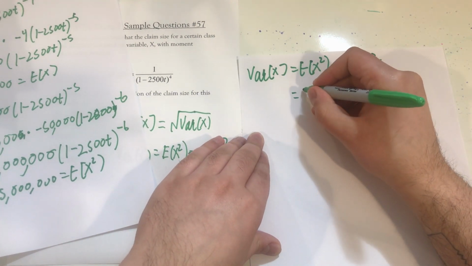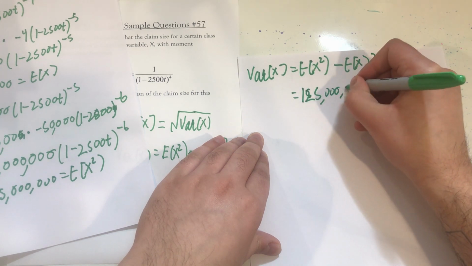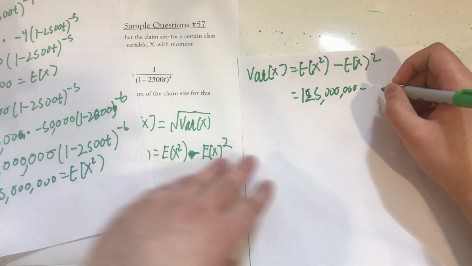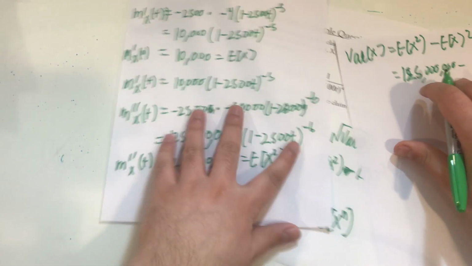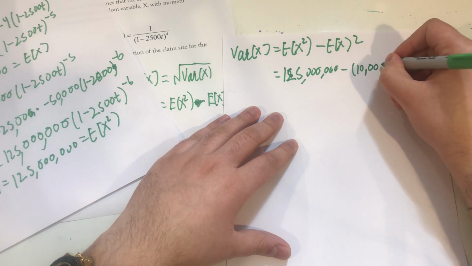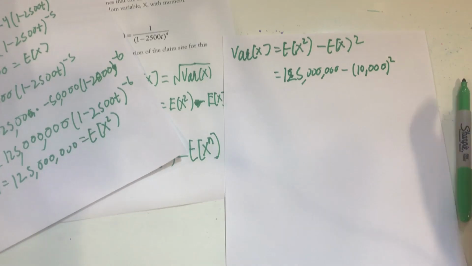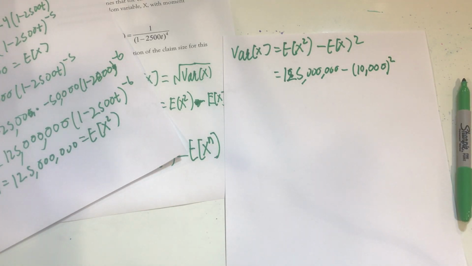And this is going to be equal to 125 million minus, what was my E of X? I kind of lost it. 10,000 squared. All right, and I'm just going to plug that into the old TI-30, the definite recommended calculator for this exam.